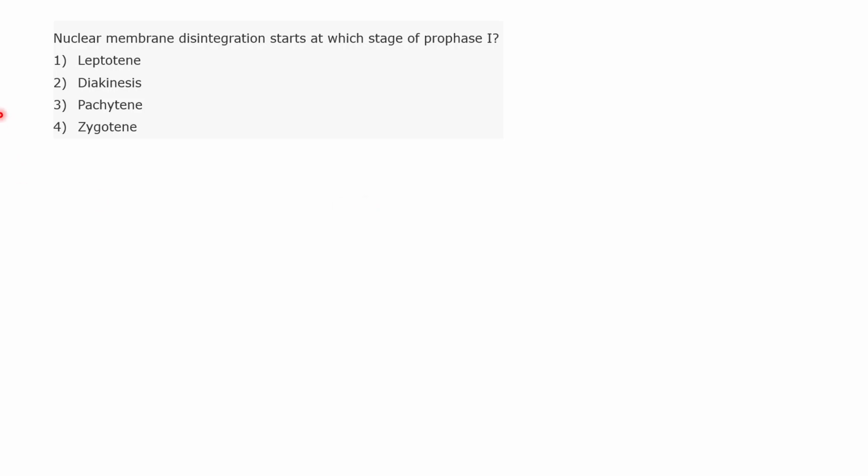Nuclear membrane disintegration starts at which stage of prophase 1? Leptotene, diakinesis, pachytene, or zygotene? Which might be the answer? Nuclear membrane disintegration starts at which phase of the prophase 1?